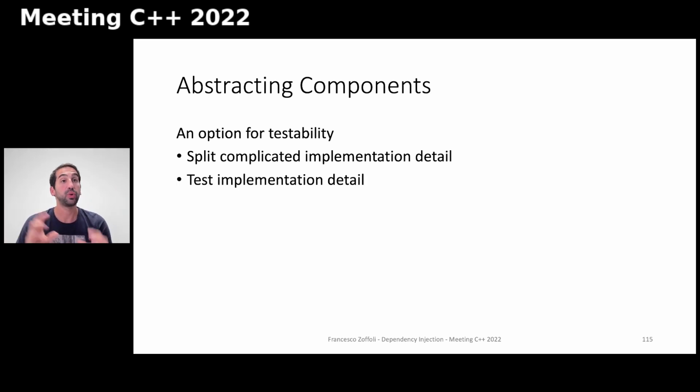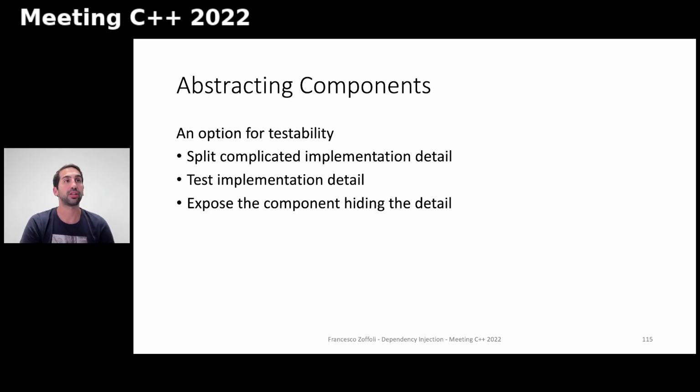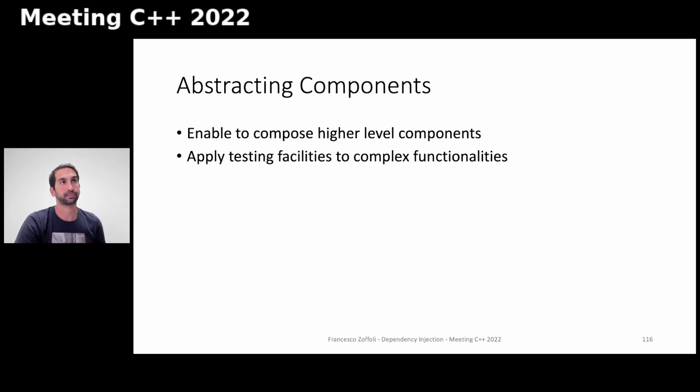Then we can test the private implementation independently, and you can change your component to be a macro component of this implementation detail and your logic. But from the point of view of the user, this is not going to matter. So the abstraction the component gives us is higher level components that can be composed, and also a new facility to split out the implementation and aid testing.